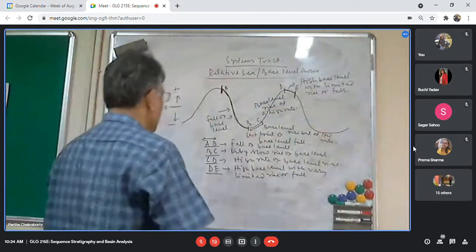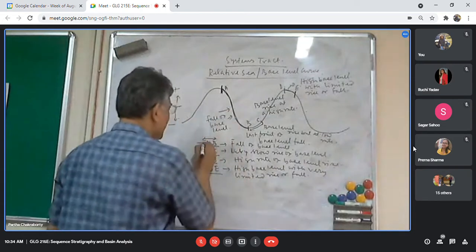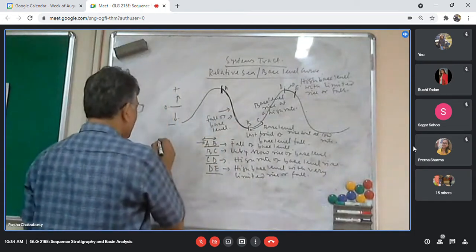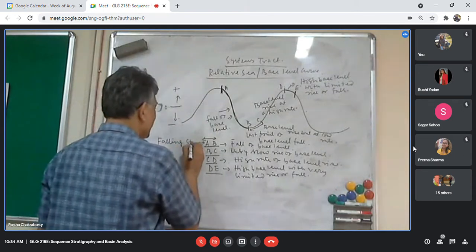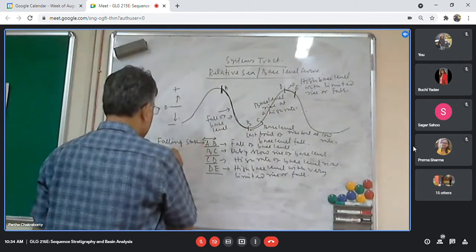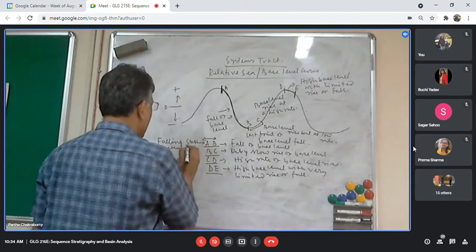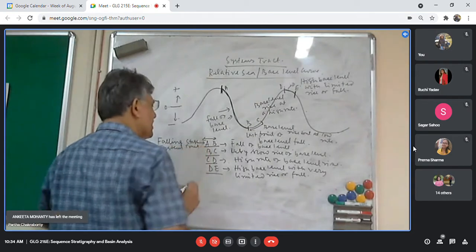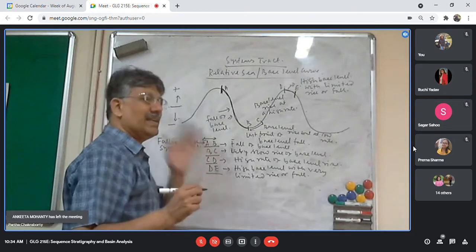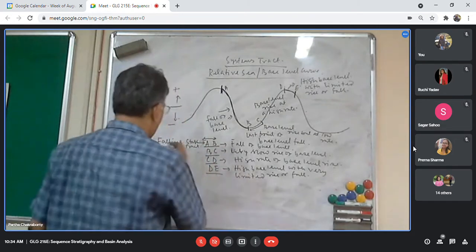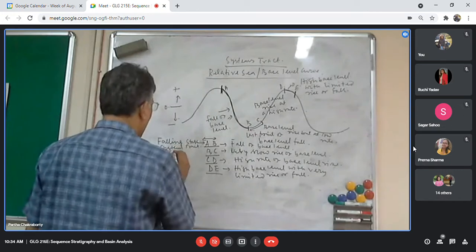This part AB is called the falling stage systems tract. We will come to the discussion of what is the meaning of that and what happens in this, in detail later. Falling stage systems tract, we call it FSST.